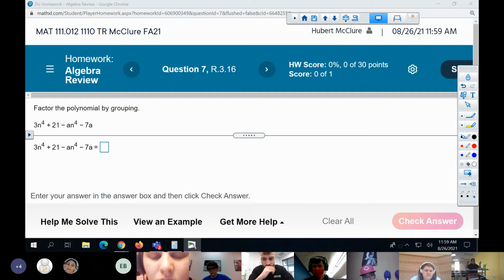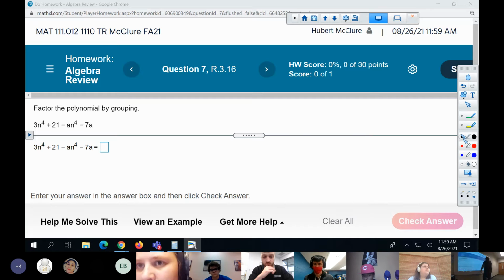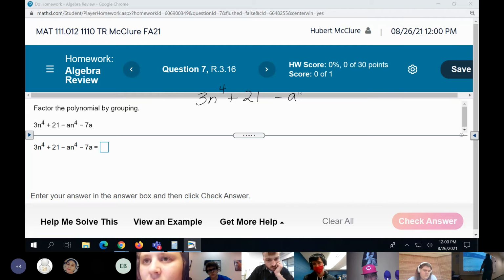I'm showing you the review section for this problem with the other way that you could do it. All right, that's how I do a review. When y'all don't see any questions, when I pull up a question, I give you the whole review. So you got 3n to the 4th plus 21 minus an to the 4th minus 7a.